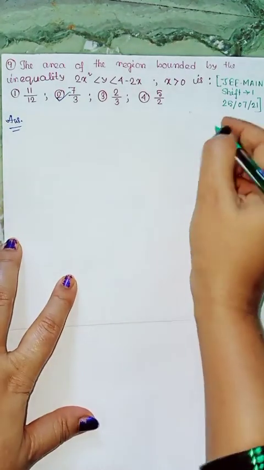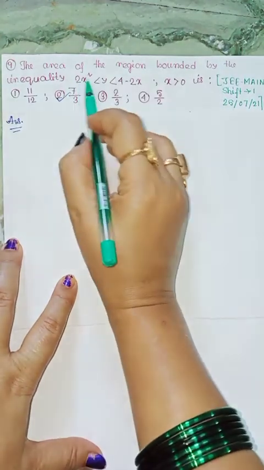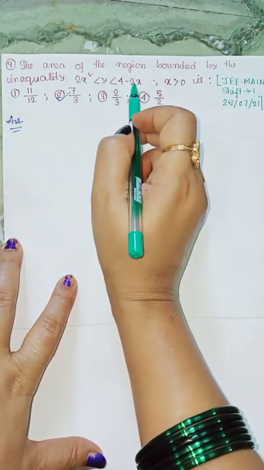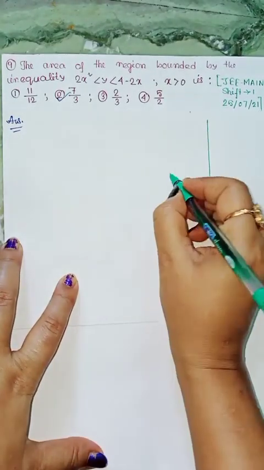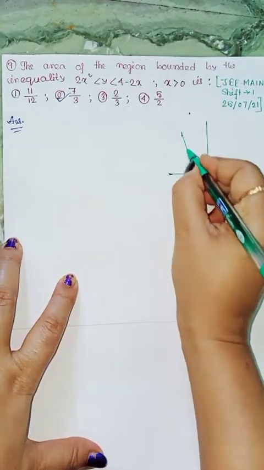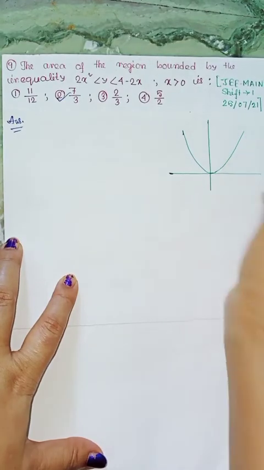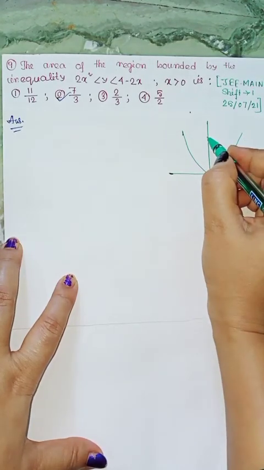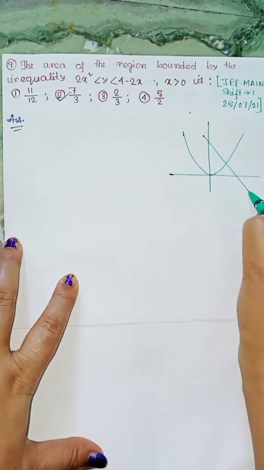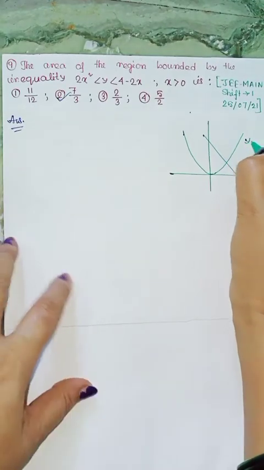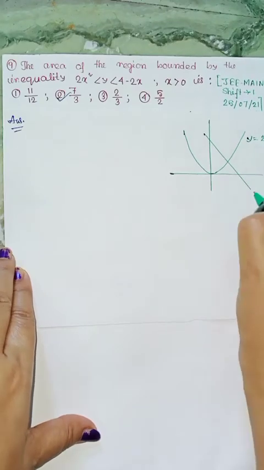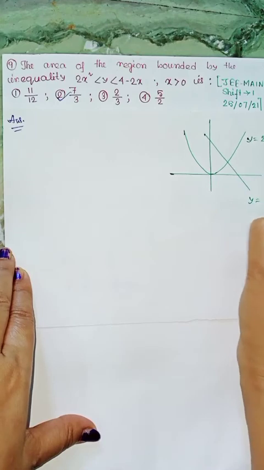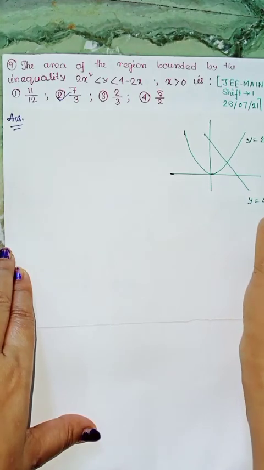So here is a parabola and a straight line is given. So these are the x and y axes, and here is the parabola, and this is the intersecting line. Here y is equal to 2x square, the parabola, and here is the line y is equal to 4 minus 2x.